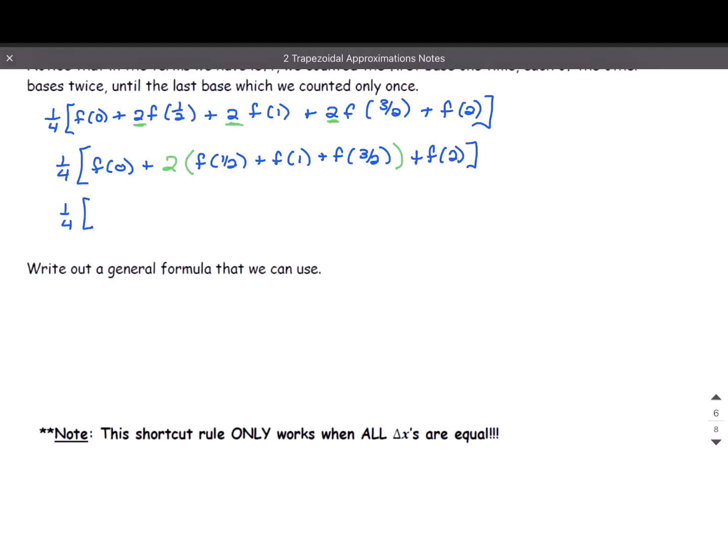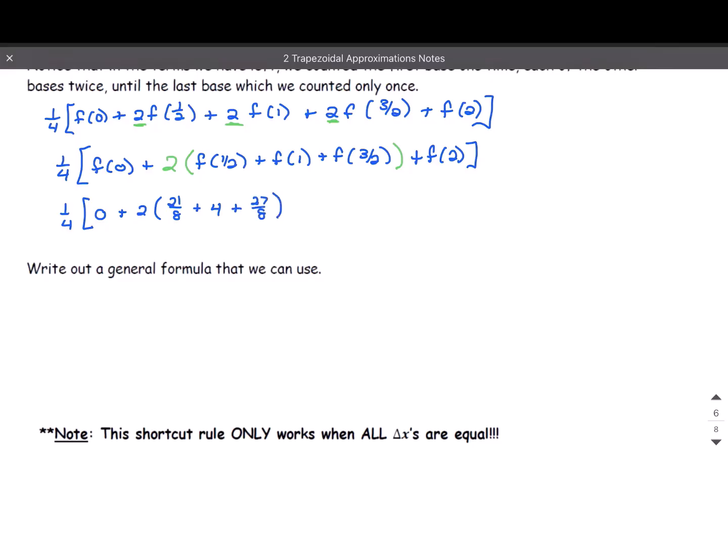1/4, and if we look at our graph, f of 0 is 0 plus 2 times, if we look at our graph, f of 1/2, actually I'm going to use my calculator, f of 1/2 is 21/8 plus f of 1, I'm typing in my calculator, is 4 plus f of 3/2 is 27/8.